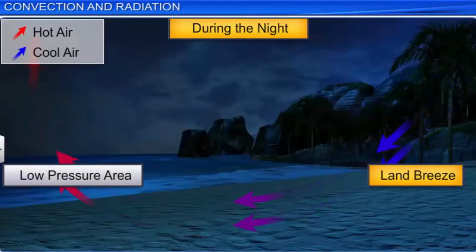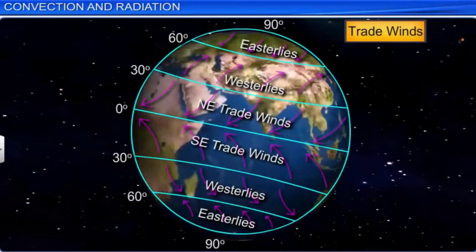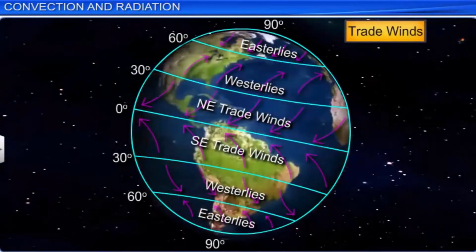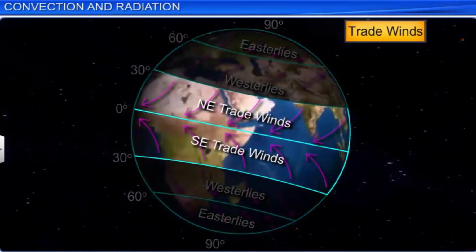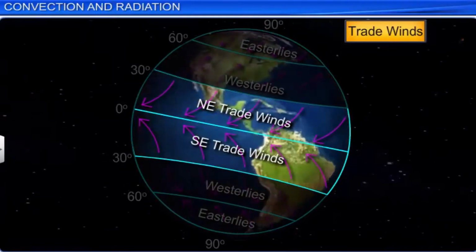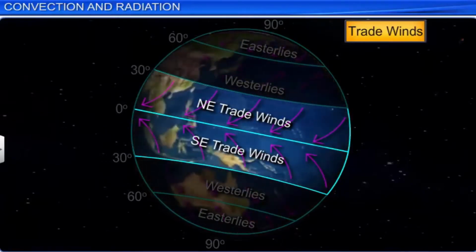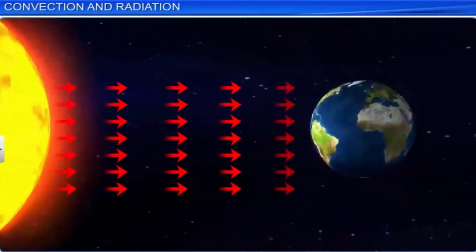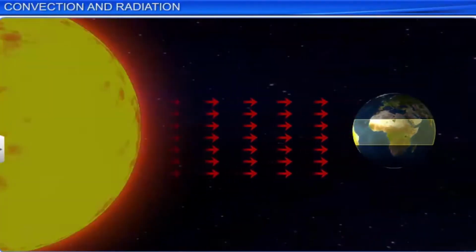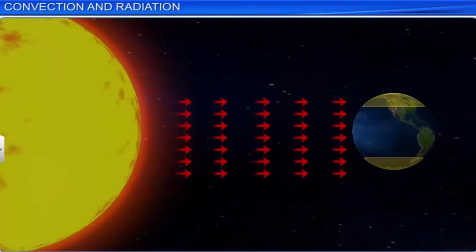Trade winds are another example of natural convection. The steady surface winds blowing from the northeast and the southeast towards the equator are called trade winds. The equatorial region receives more heat energy than the polar regions.